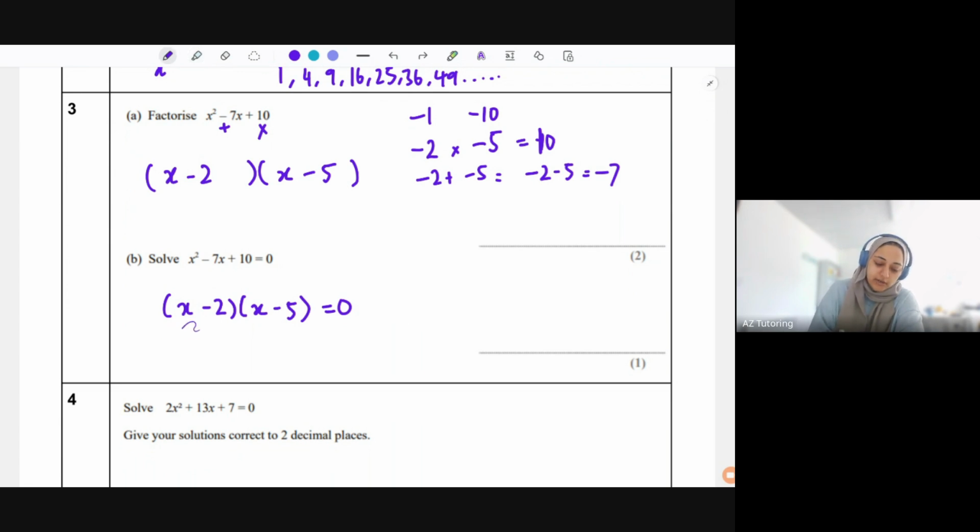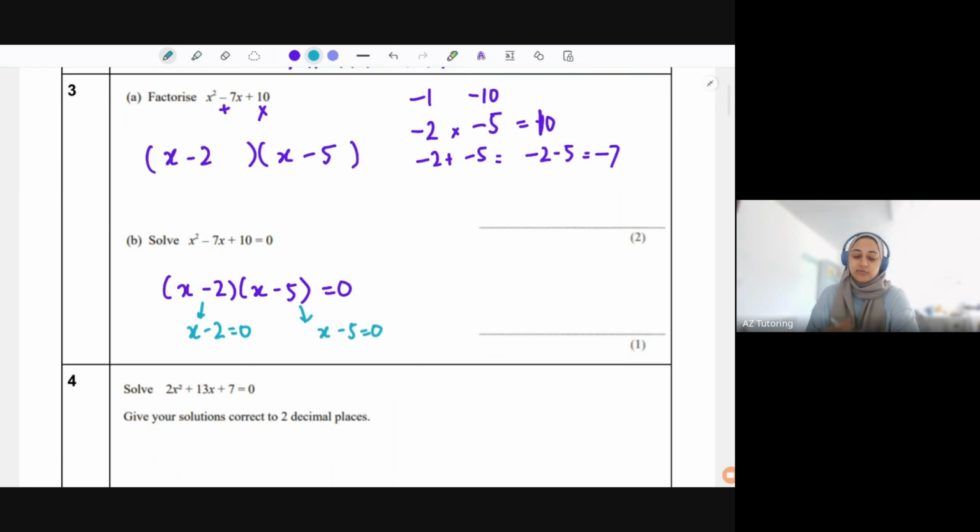So we could either have x minus 2 equaling 0, or we could have x minus 5 equals 0. You might have been told just change the sign, but that's the reason why we do it. So therefore x equals 2 because we add 2 to the other side, and here x equals 5. And that's our answer. So x equals 2 or x equals 5.